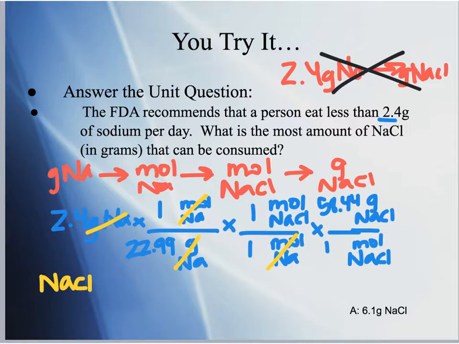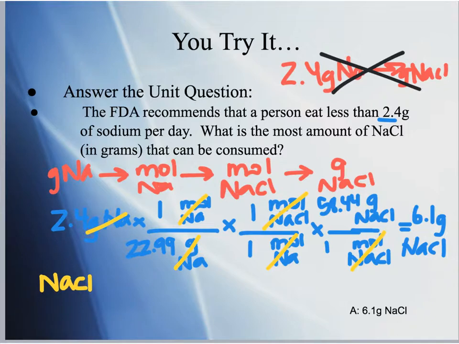So this conversion is going to cancel our mole of NaCl unit, and we're going to end up with our answer after we multiply everything on the top and then divide by everything on the bottom. We're going to get 6.1 grams of NaCl.